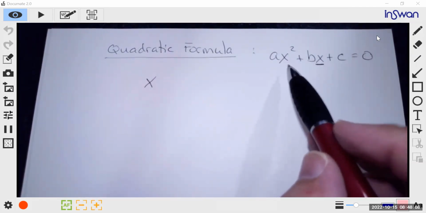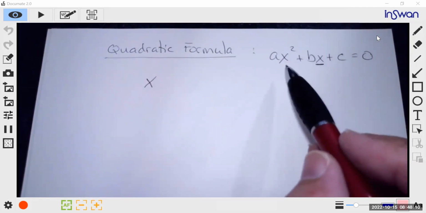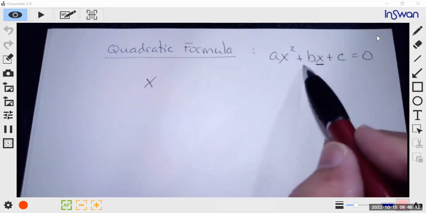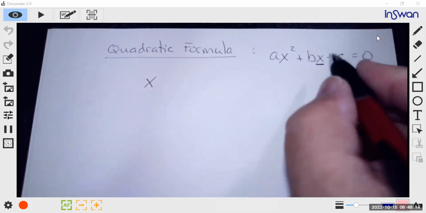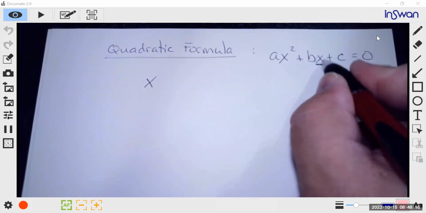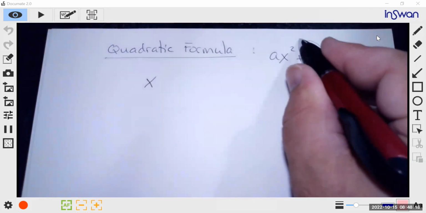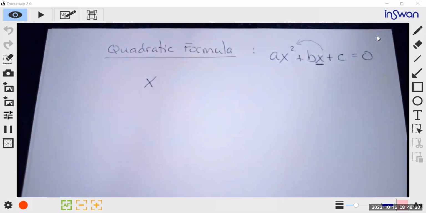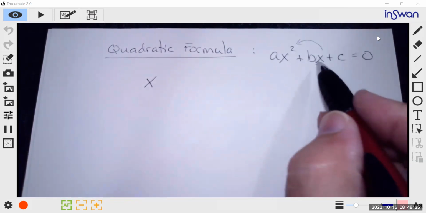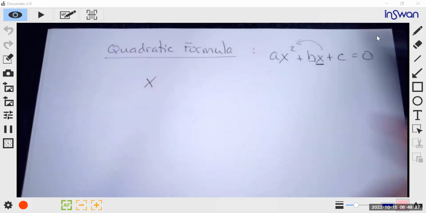As long as your equation is of this form, ax squared, the first x has to be squared, and the middle x has to be 2 times as big.